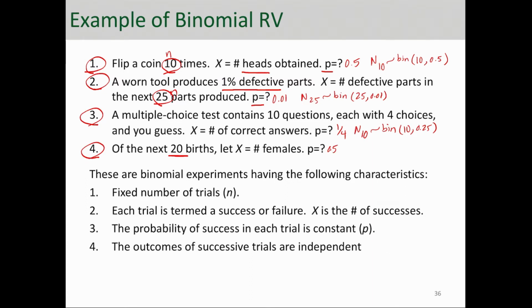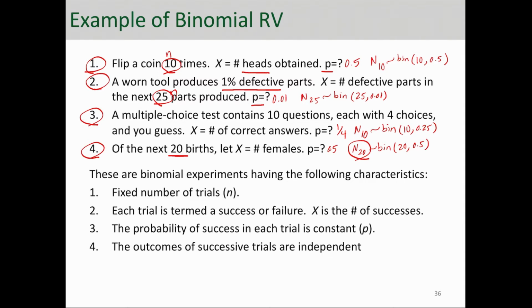So the random variable of this experiment is N20, which follows binomial of 20 and 0.5. That's the number of females in the next 20 births.